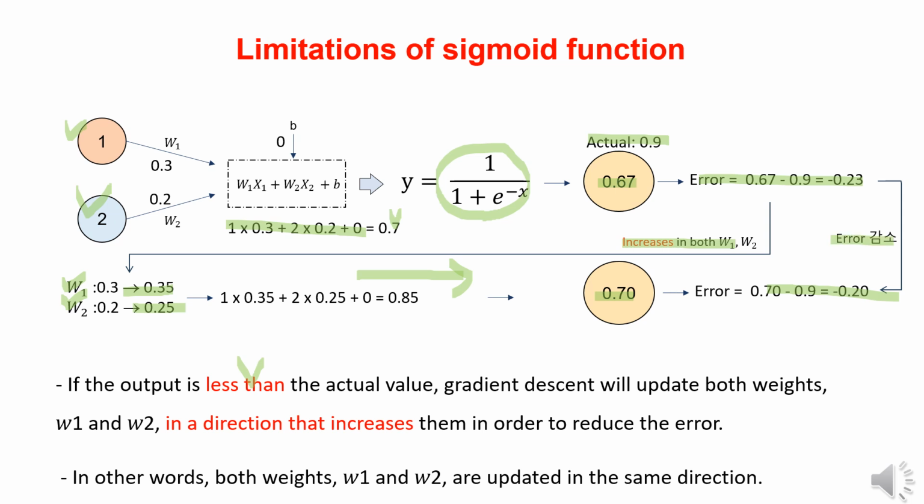Thus, when the sigmoid function output is less than the actual value, gradient descent will update all weights in a direction that increases them in order to reduce the error. This means that both weights omega 1 and omega 2 are updated in the same direction.